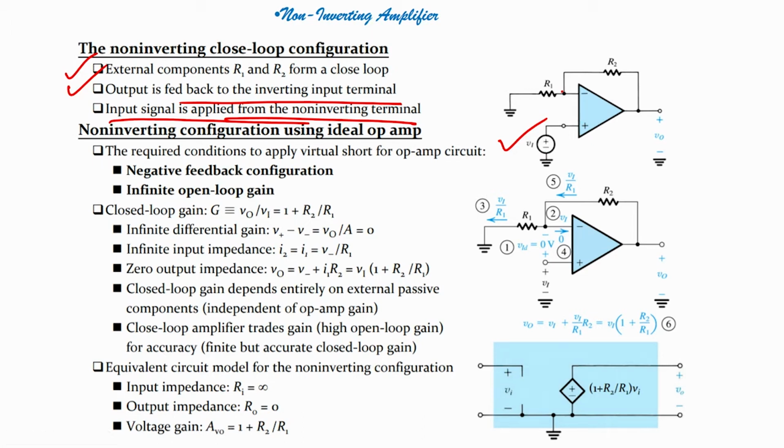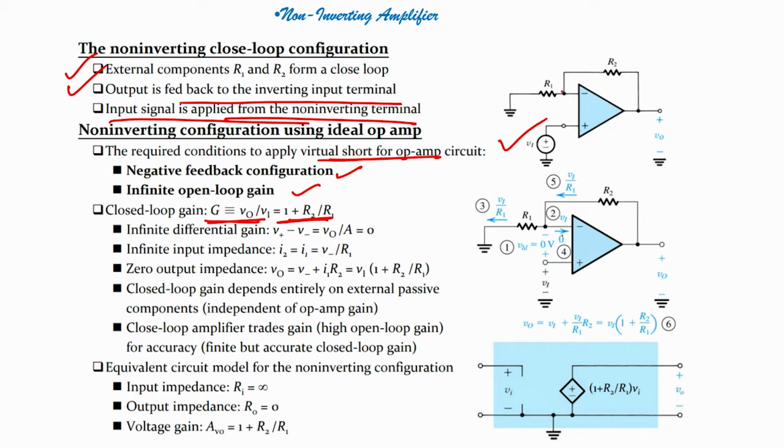Now, for the non inverting op amp using the ideal configuration, the conditions required to apply the virtual short are negative feedback and infinite open loop gain. Now the closed loop gain G, which is VO by Vi, is 1 plus R2 by R1. This we already know, it is very basic.